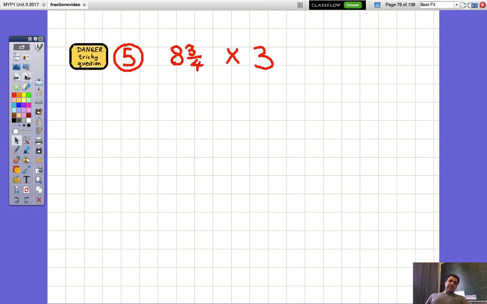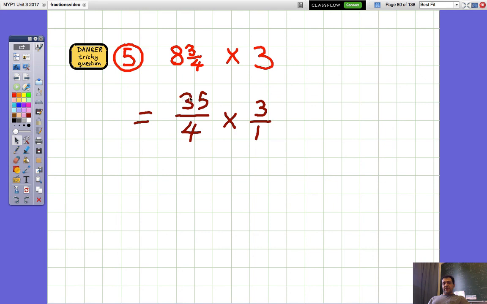And then this is the one that I said was a tricky question, 8 3/4 times 3. So the reason that's different is because that's just a 3 and not 3 and a number. So what do you do with that? Well, what I've done with it is to write the 3 as 3 over 1. So 8 3/4, 8 times 4 is 32, plus the extra 3 makes 35.